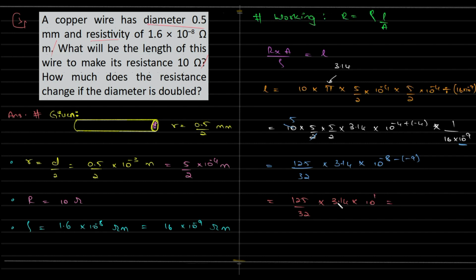So this is 3.14 into 10 is 31.4. So clearly we need to divide this, but we can do one thing. We can write approximately, this is 1, right? 31.4 divided by 32. Obviously, it's not 1, it's 0.9 something.